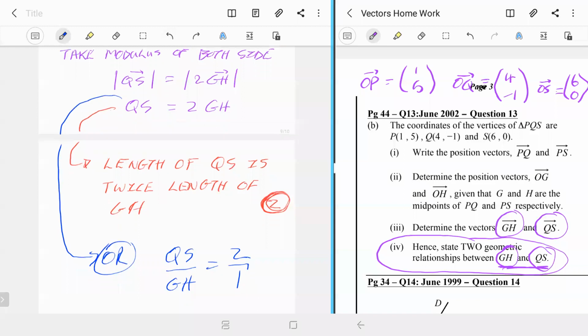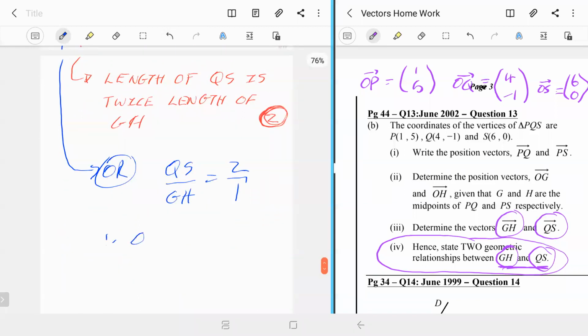It's 2 over 1. Therefore, QS to GH equals 2 to 1. That's a geometric relationship as well. So I could have used this as my second geometric relationship, the ratio of the length of the lines, 2 to 1. All right, so that's a vector equation.